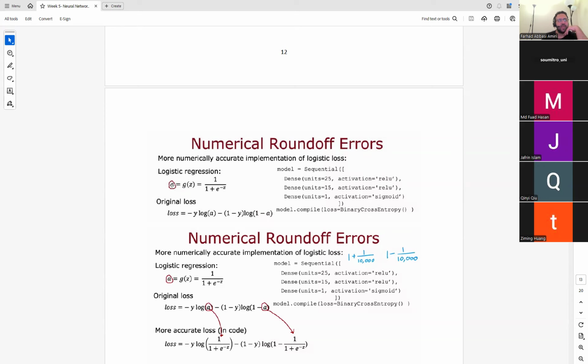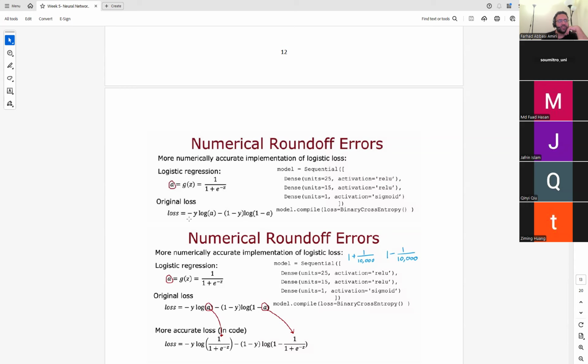You calculate the a using this equation first, and it's an intermediate value. Then you use this a to calculate the loss function, minus y log of a, this a you just calculated, minus 1 minus y log of 1 minus a.